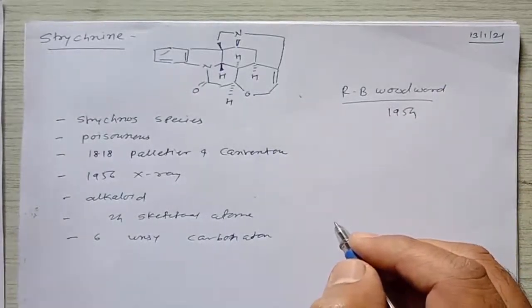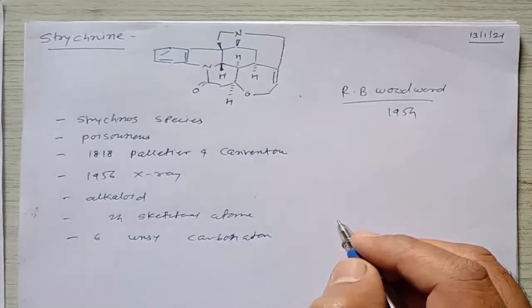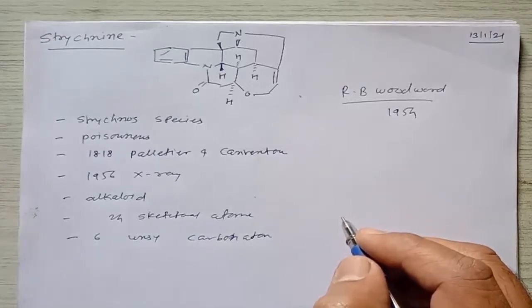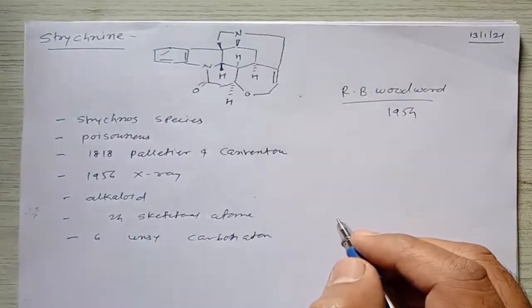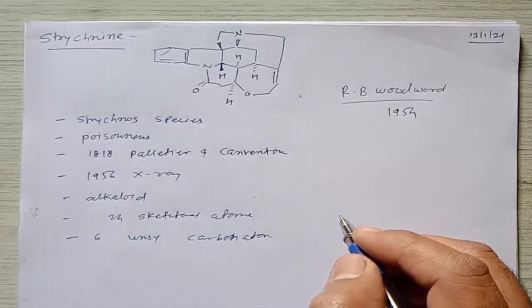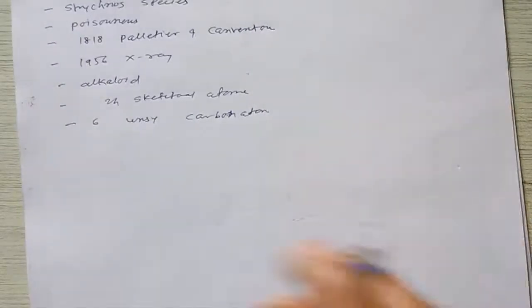R.B. Woodward and his colleagues were involved in the synthesis of the strychnine molecule over a period of 8 years, after which they could confirm the structure of strychnine through the laboratory synthesis. In this lecture we will discuss the retrosynthetic analysis done by R.B. Woodward, and see how the molecule can be used for retrosynthesis, right?